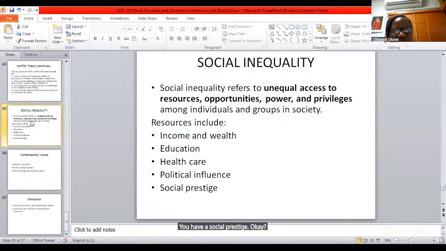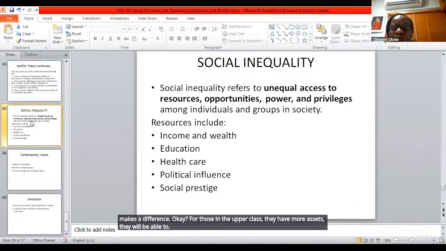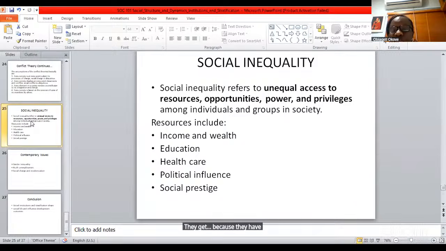Individuals' access to any of these resources makes a difference. Those in the upper class have more access. Because they have more income and wealth, they will be able to send their children to better institutions, to good schools. And when they are sick, they will access better healthcare facilities.